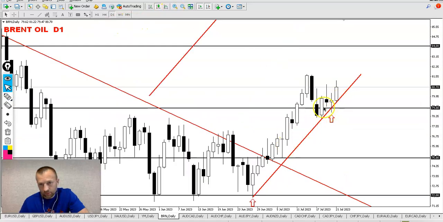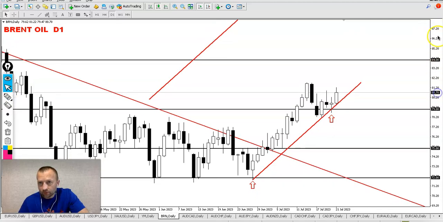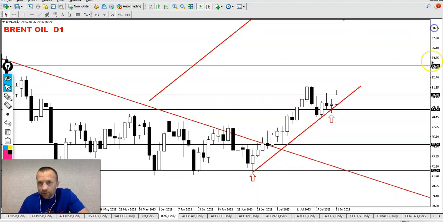Let's call it a trend line, but potential channel, and you can see how on Thursday this candle, look, it was a rejection from 79 and also from this trend line, and then continuation to the upside. So the next target 84, then the next target 90.